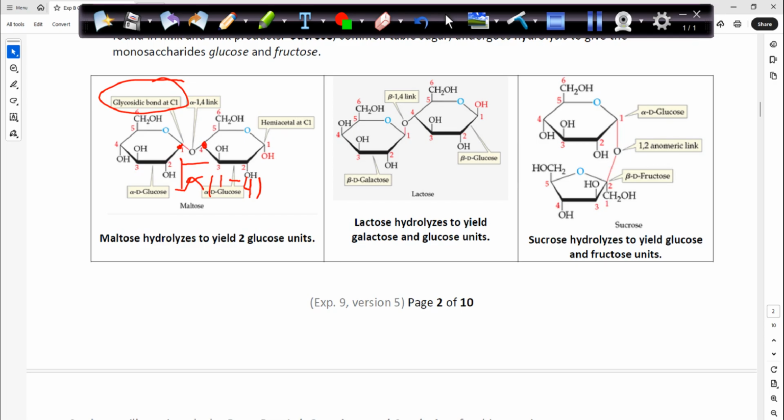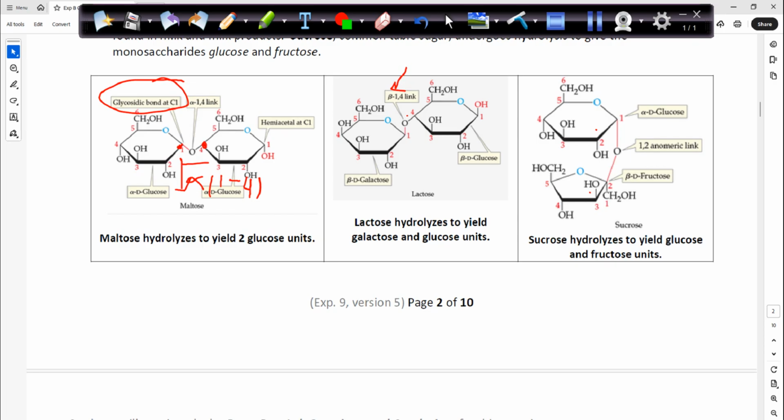Now you can have alpha glucose and beta glucose. If the OH is on the top, it will be beta, 1,4 beta. Now this one here is sucrose. Sucrose is made of glucose and fructose, and the link is between 1 and 2.